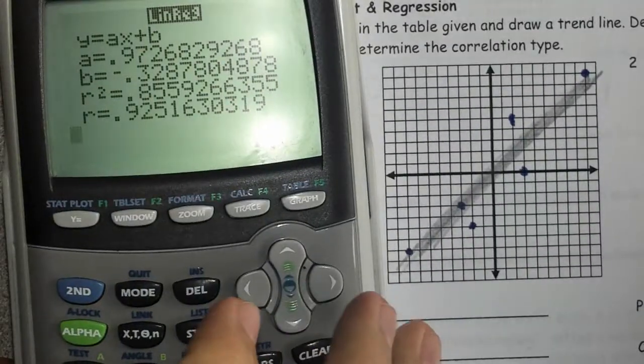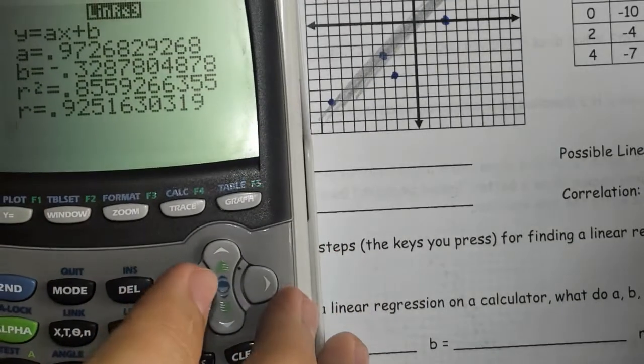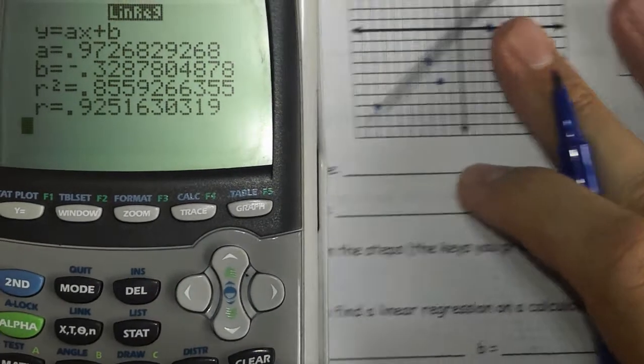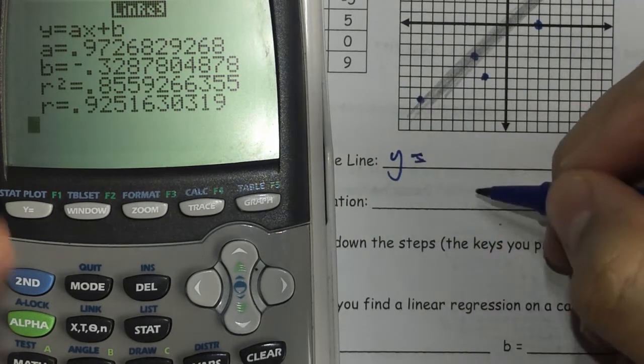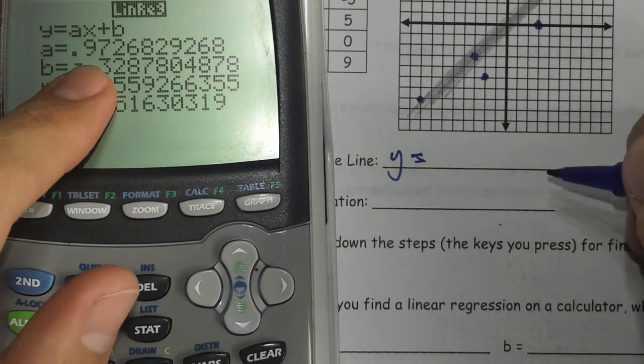So my possible line, I start off with y equals, my a is my slope.